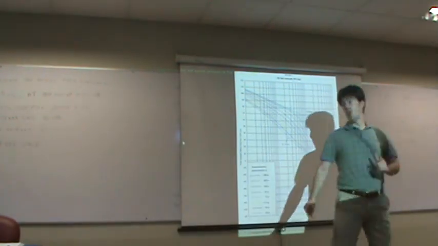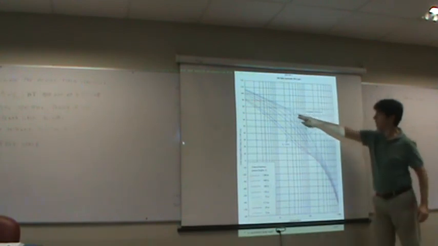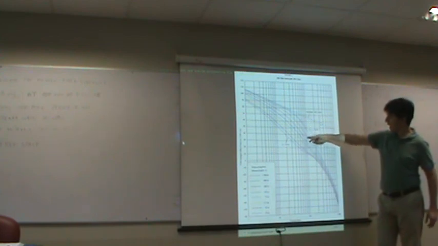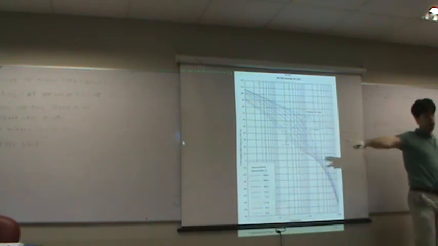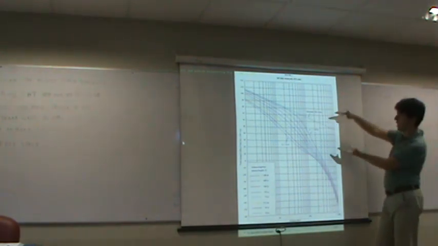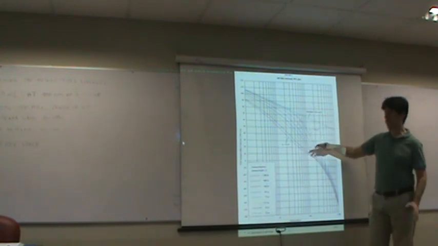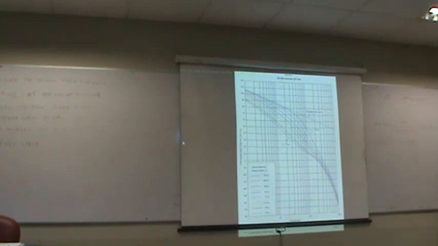Then calculate the distance between the free space limit and the curve that refers to the real situation. So you find the difference in dB between free space and the relative curve, and then you reduce the value that you found in free space by that amount.